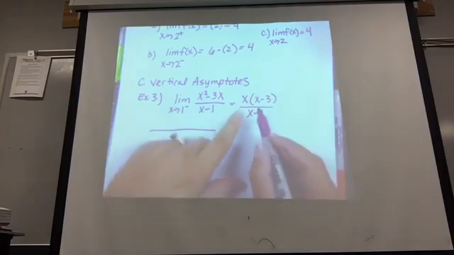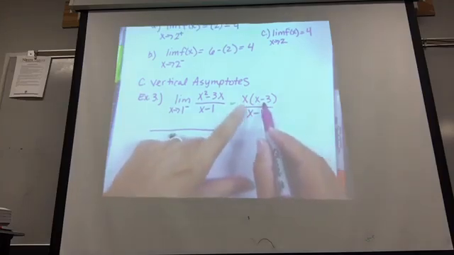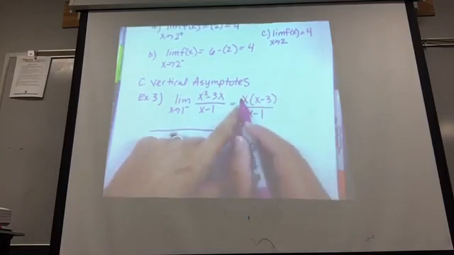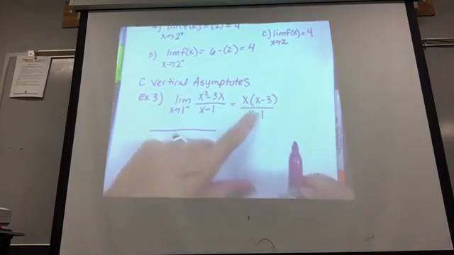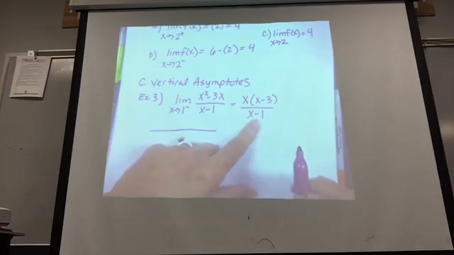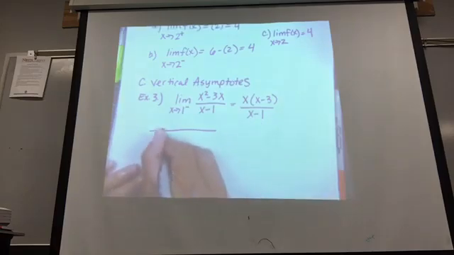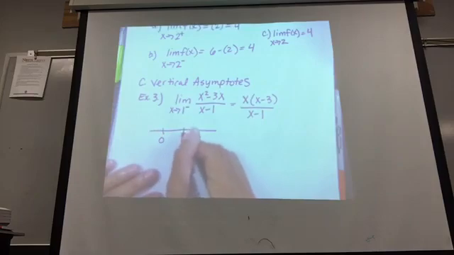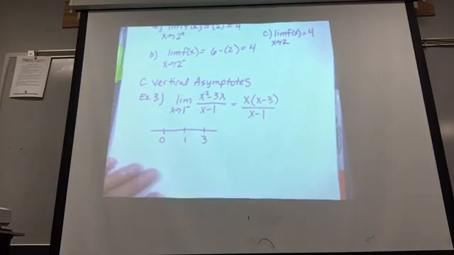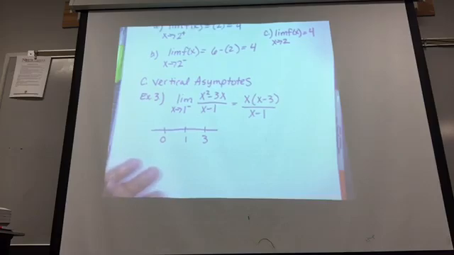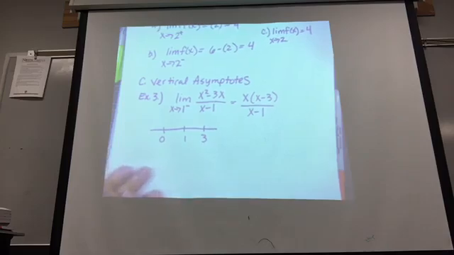And so the zeros will be 0 and positive 3. And then my VA is positive 1. So on my sign analysis, I want to put those values 0, 1, and 3. And then I'm going to test values in between 0 and 1, or values in between 1 and 3, to see if it's positive or negative.